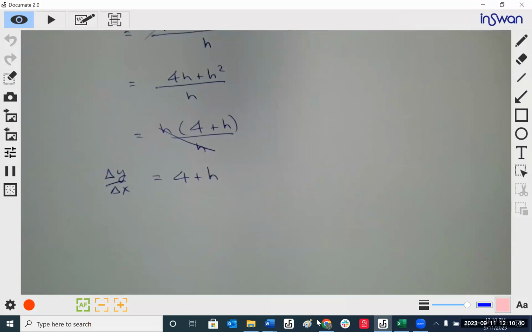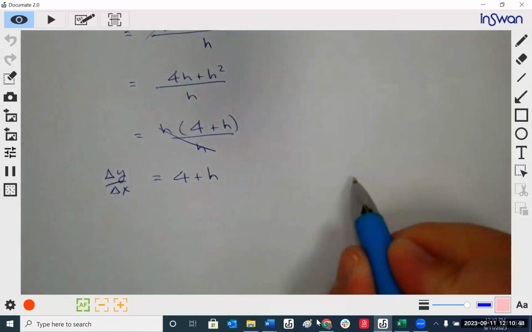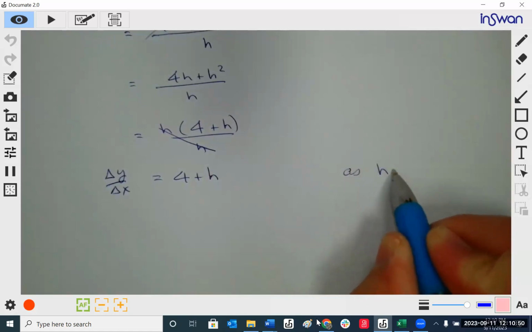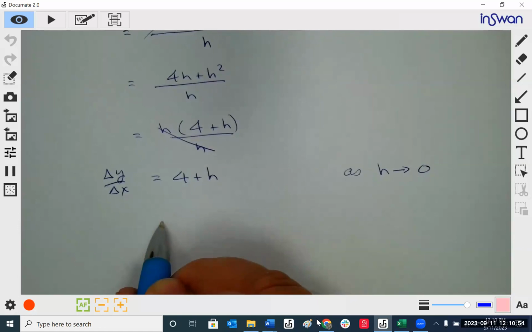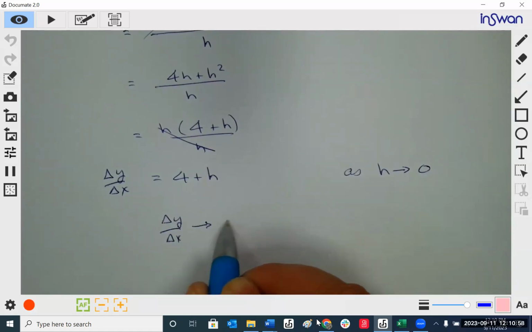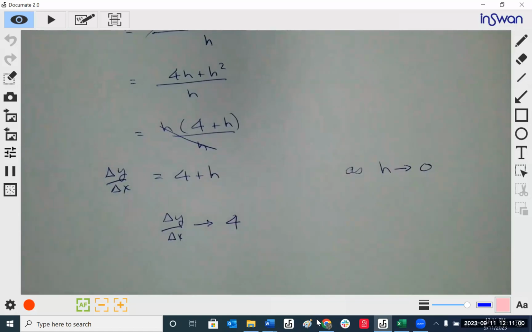But as h goes to 0, it becomes 4. So as h approaches 0, our solution approaches 4.